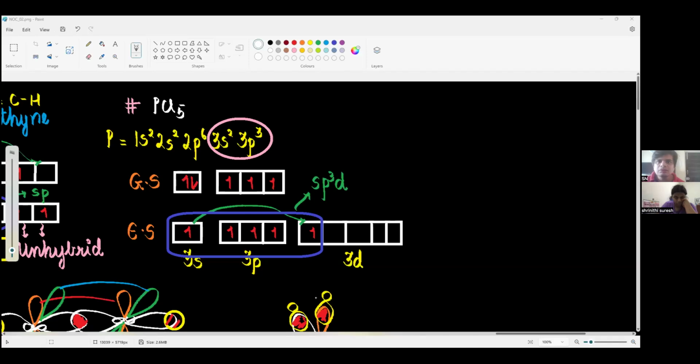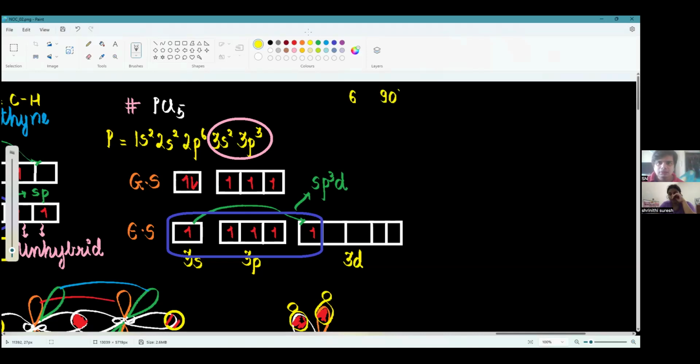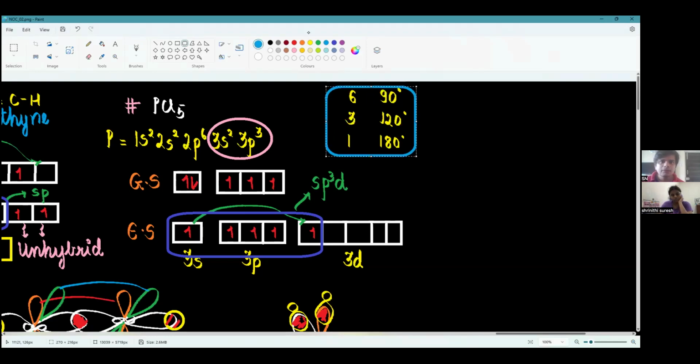Now, what I was telling you is that there were six bonds at 90-degree angle. Then there were three bonds at 120-degree, right? And there is one bond at 180-degree. So this is what we need to know very clearly: how many bonds are at 90-degree, how many at 120, and how many at 180.